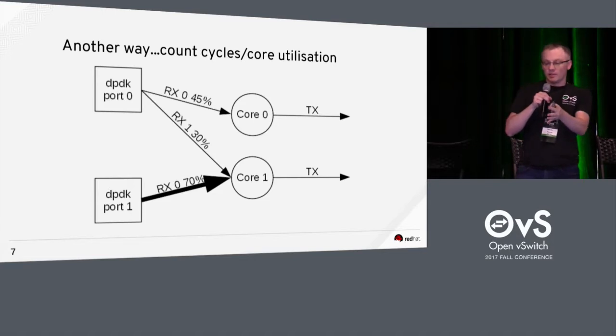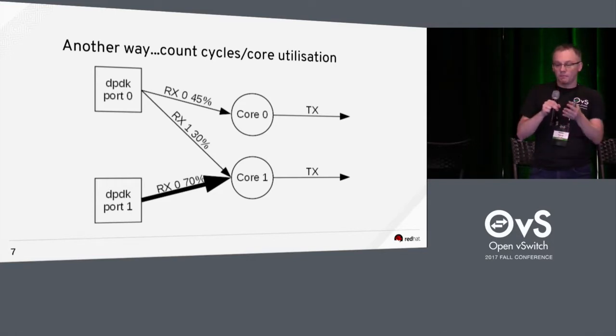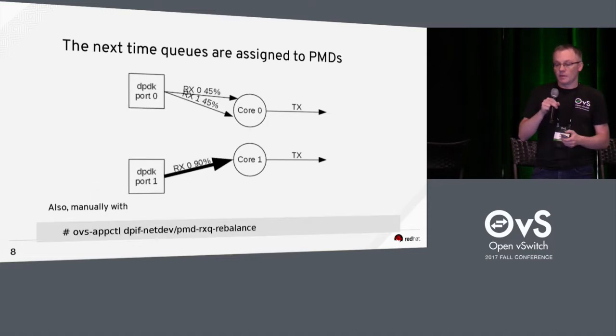So if we looked at that similar situation, where port 0 was fairly lightly loaded and DPDK port 1 was very heavily loaded. So on core 1, we're using maybe 30% from RxQ1 and 70% from the other queue, and we're dropping packets. The core is very heavily loaded, while the other one is pretty free.